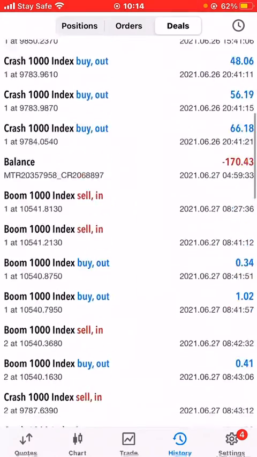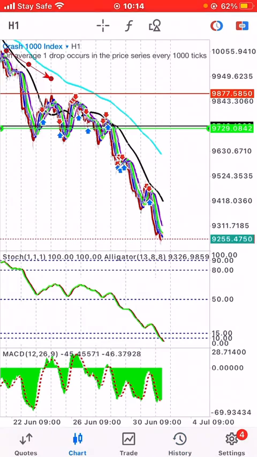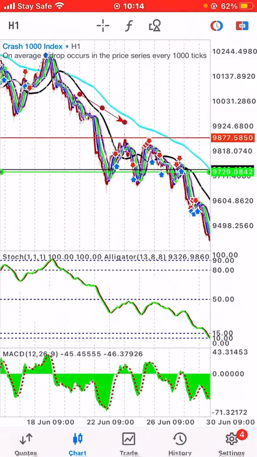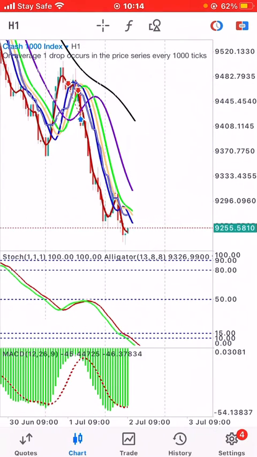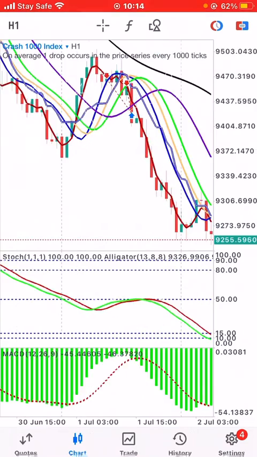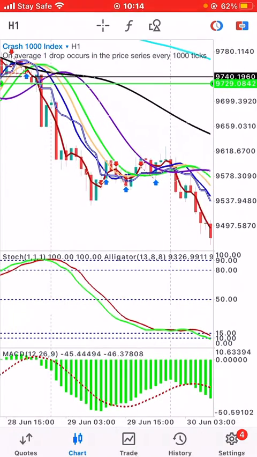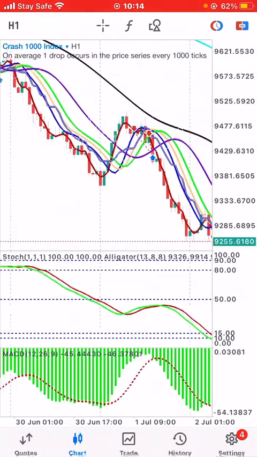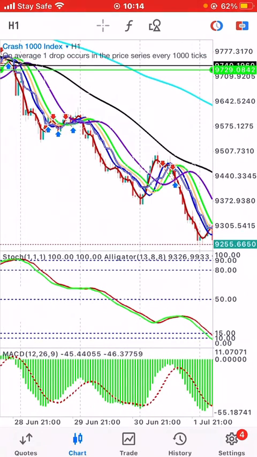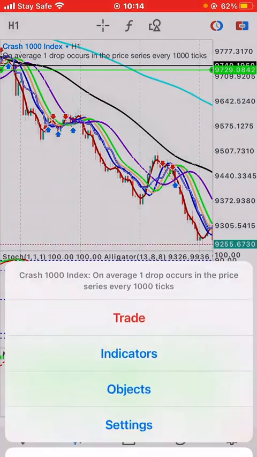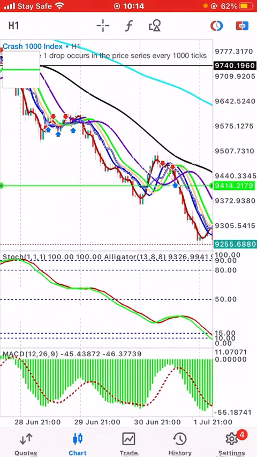So now, since you understand the concept, let me bring it back down again. How do I identify my double tops or double bottoms? Let me show you. The way I identify my double tops or double bottoms, I want the market to come and break the previous swing low, something like this.